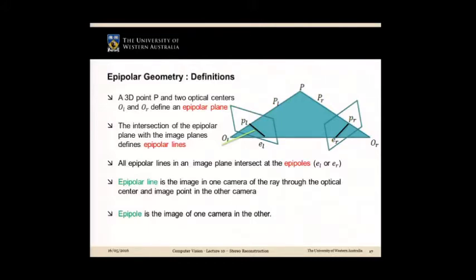Now the intersection of the epipolar plane with the image planes defines your epipolar lines, which is right here. And an epipolar line and image plane intersect at epipoles. So your epipolar line will always pass through epipoles, or your epipole will always lie on your epipolar line.